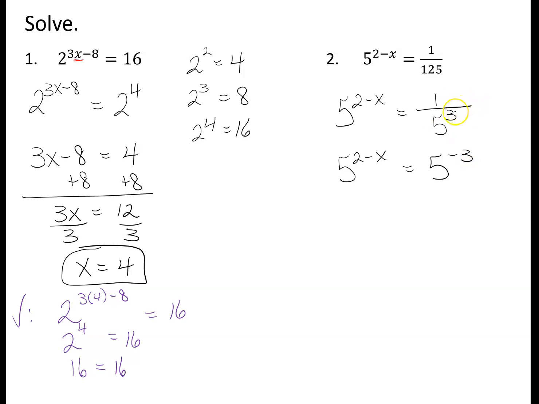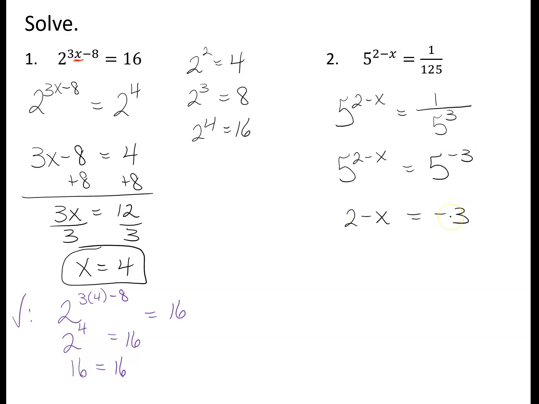Again, we had covered problems similar to this when we were learning the log properties. Here we have to use an exponent rule that says when you bring it to the top, you change the sign on the exponent. So now I've got this base of 5 on both sides. I'm just going to set the exponents equal. So I have 2 minus x on the left and negative 3 on the right.